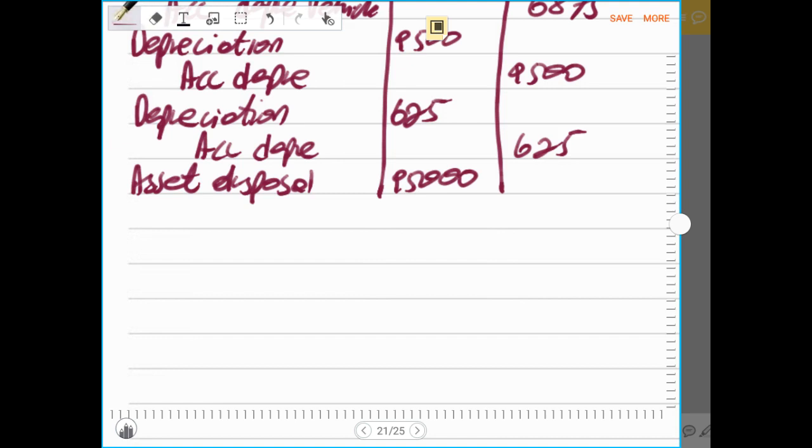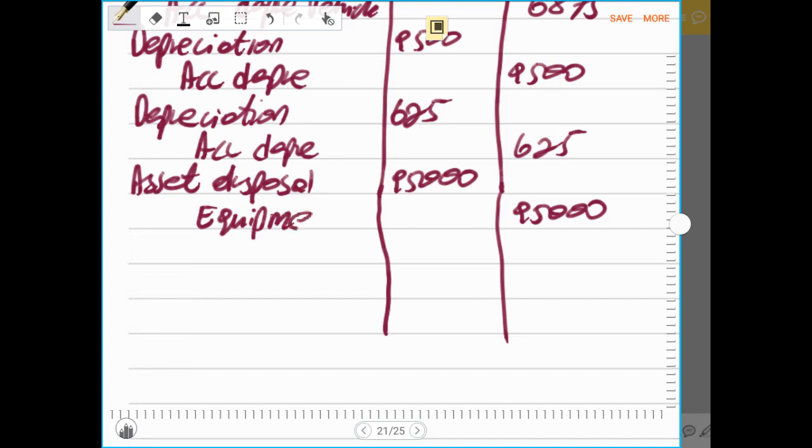Then after I credit equipment by 95,000 rands because our equipments are decreasing or going down by 95,000 rands.